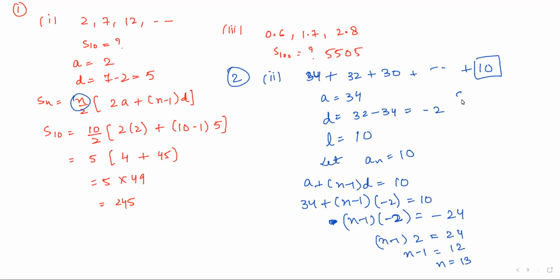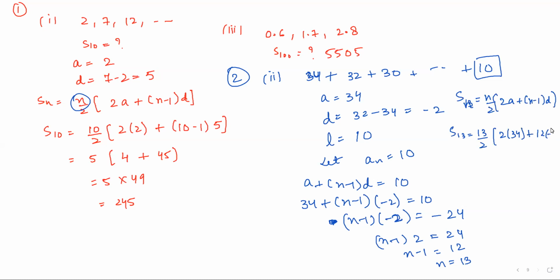So now I have to find S13. Start with the formula: Sn is equal to n by 2 into (2a plus n minus 1 into d). Now S13 will be 13 by 2 into (2 into 34 plus 13 minus 1, which is 12, into d, which is minus 2).